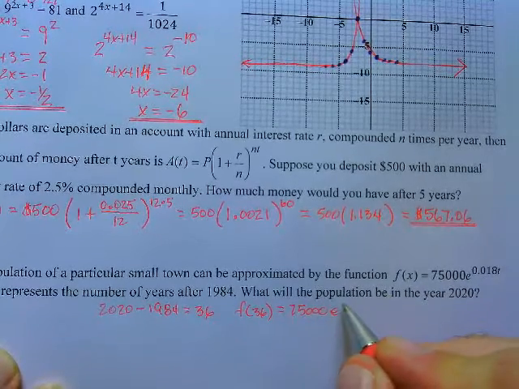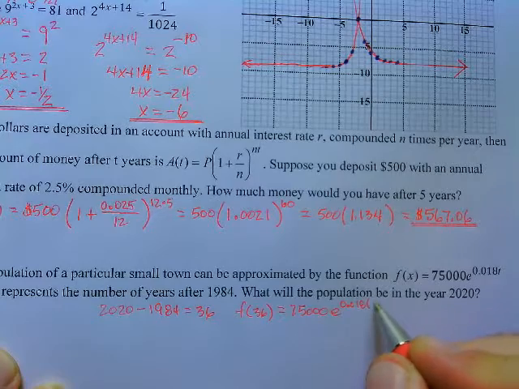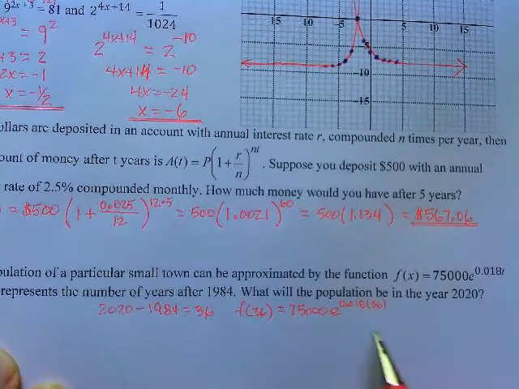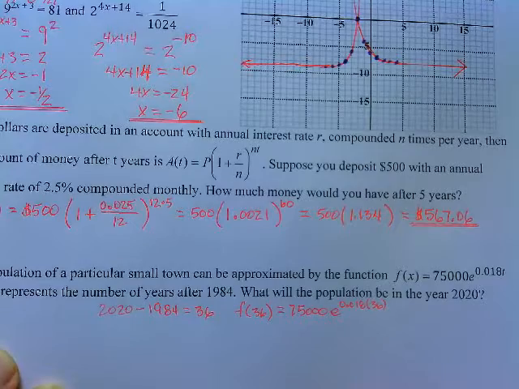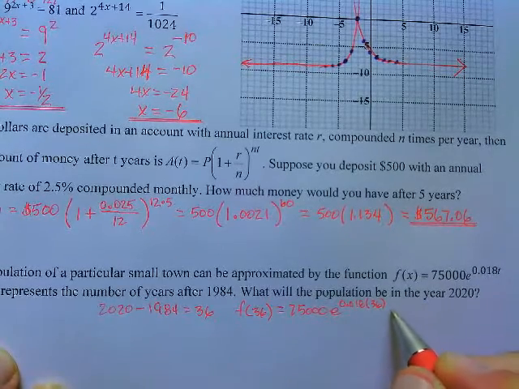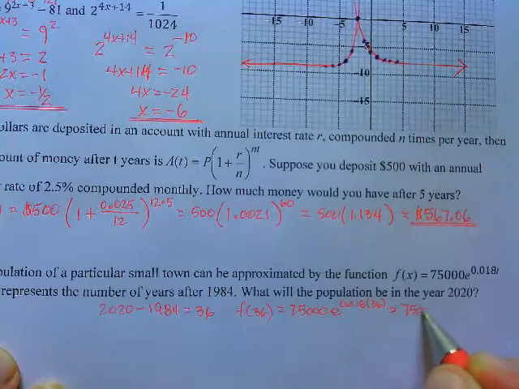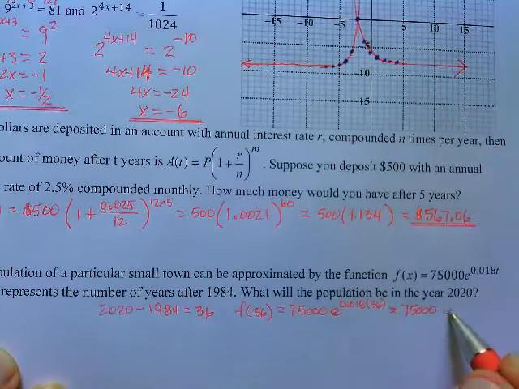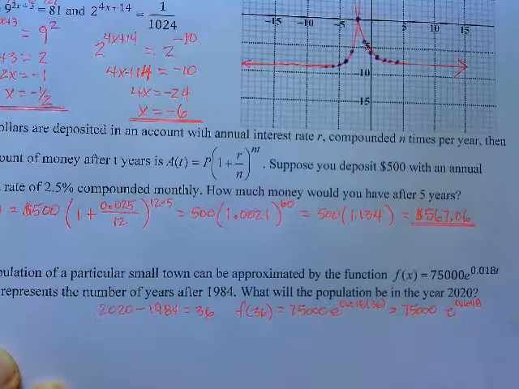And then we want the 0.018 times the 36 years. Note that this part is not very big. It's not quite 2%, so not quite 2% growth there. And then, so that's going to give us 75,000 times e to the 0.648.